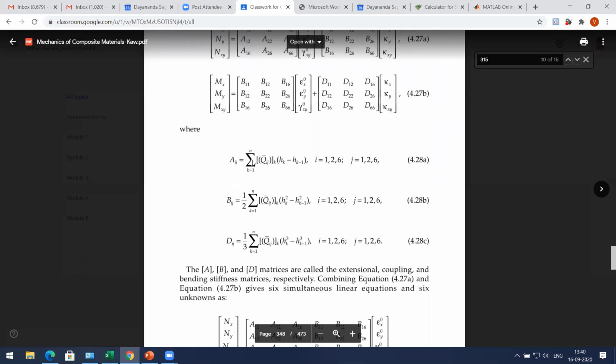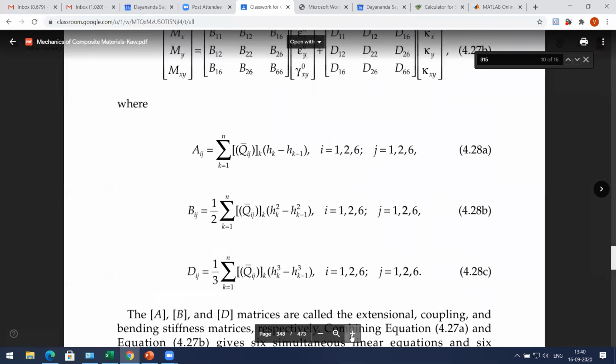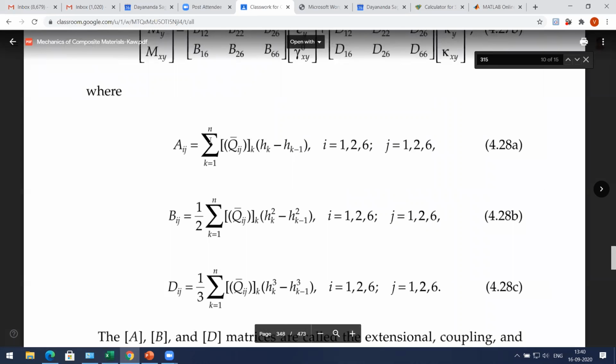So what it says is the A matrix is the summation from K equals 1 to n. 1 to n is nothing but layers: how many layers are there in that laminate, that many. The summation of Q bar.